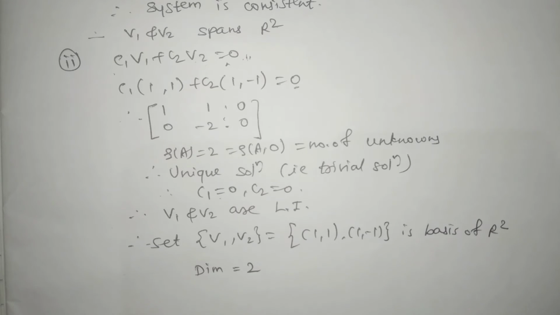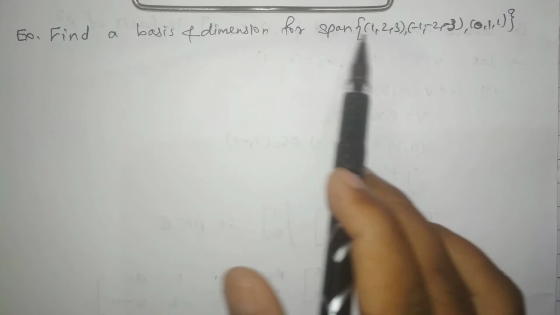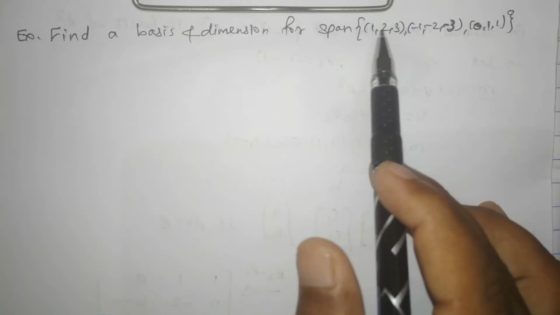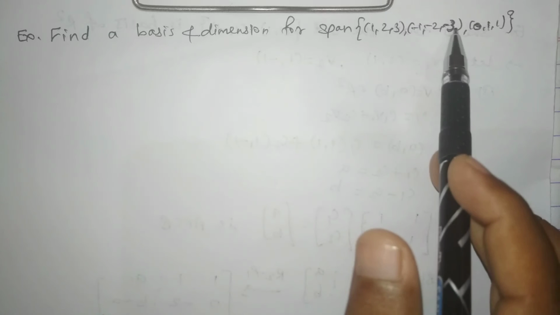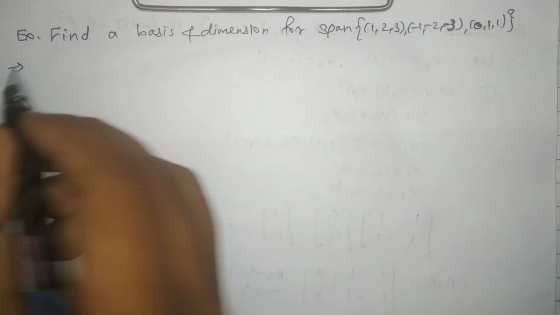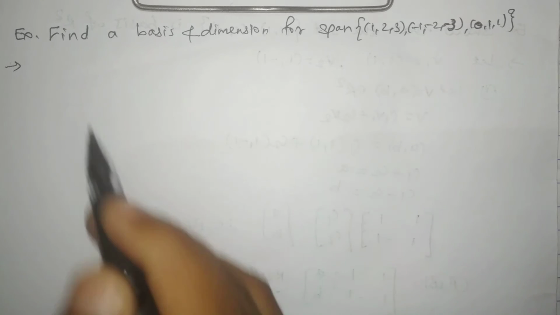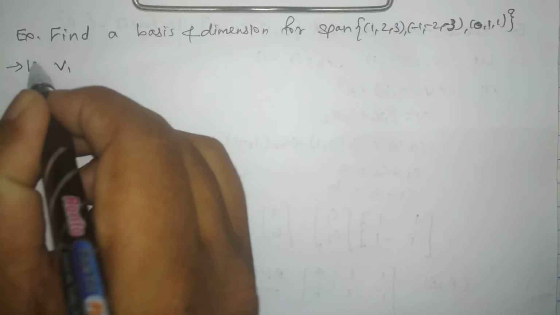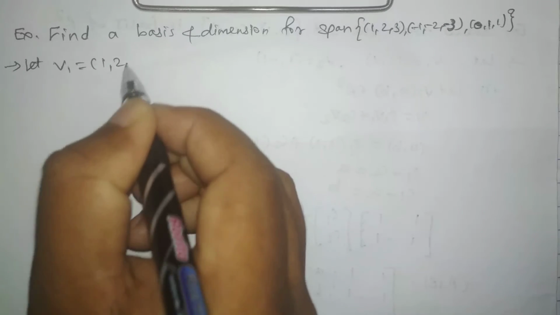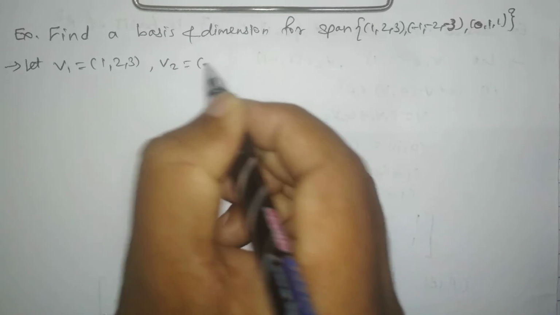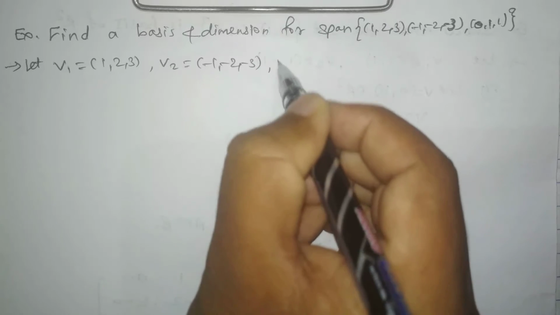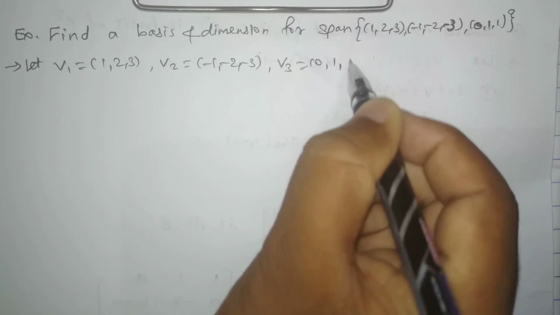Now let us consider another example. Find the basis and dimension for the span of the vectors (1, 2, 3), (minus 1, minus 2, minus 3), (0, 1, 1). So how to find the basis and dimension for the span of these vectors? Simply let V1 equal (1, 2, 3), V2 equal (minus 1, minus 2, minus 3), and V3 equal (0, 1, 1).